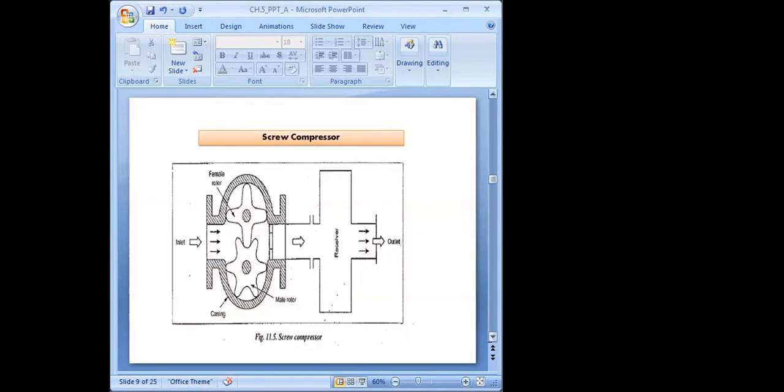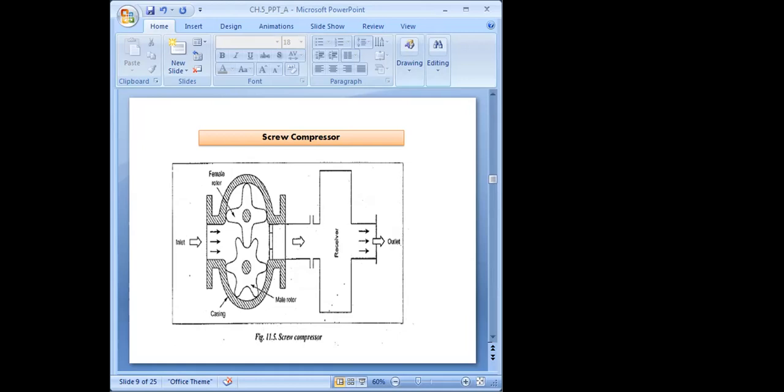Then we have the screw compressor, similar to the gear motor, where screws are used. The construction is the same as the screw pump. From the inlet port air will come here. There are two rotors: this is a male rotor, this is a female rotor, and this is the casing. When air transfers from the inlet port to the outlet, it is compressed by the rotors, normally called screws.